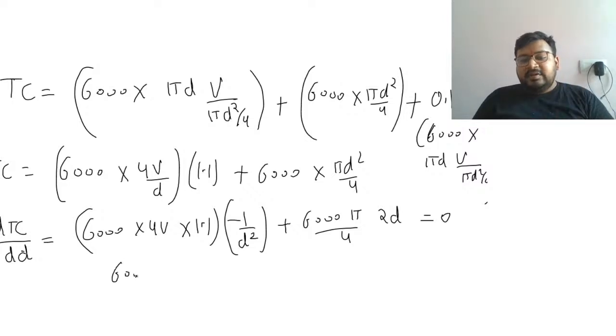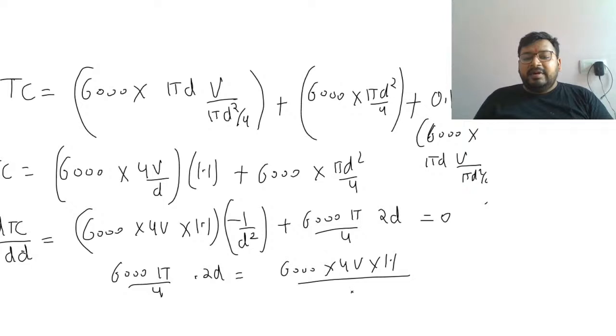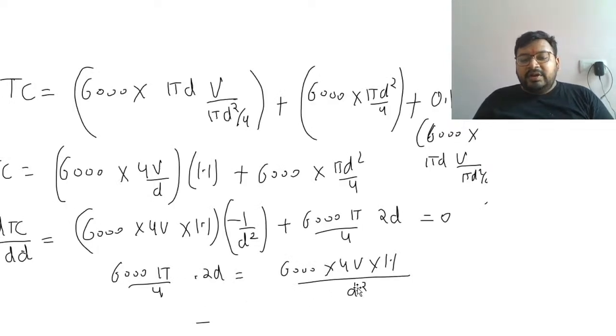So ultimately 6000 pi by 4 into 2d is equal to 6000 into 4V into 1.1 divided by d square. As 6000 cancels with 6000 and 2 cancels with the 4 becoming 2, finally d into d square becomes d cube. So we have the value of d cube, guys.